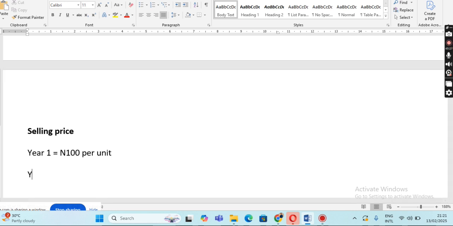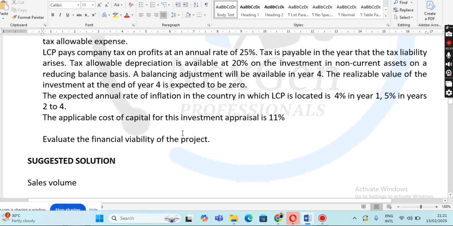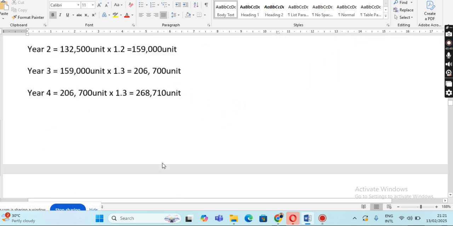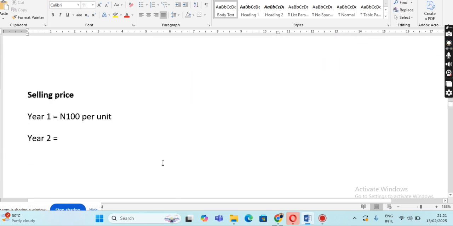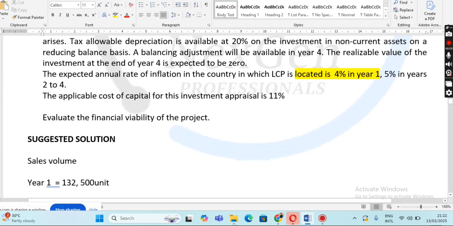So year 2, and what is the inflation rate? You can see in year 1 it is 4%, while it is 5% in year 2 to 4. Will it apply to year 1?